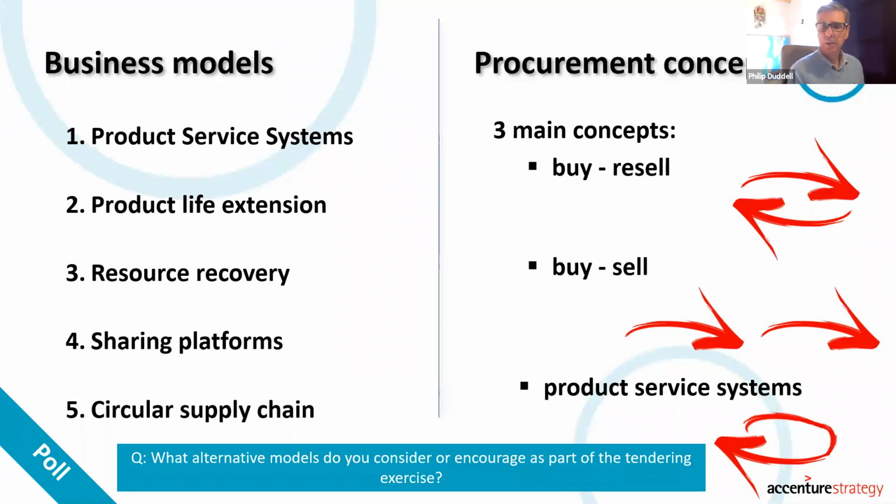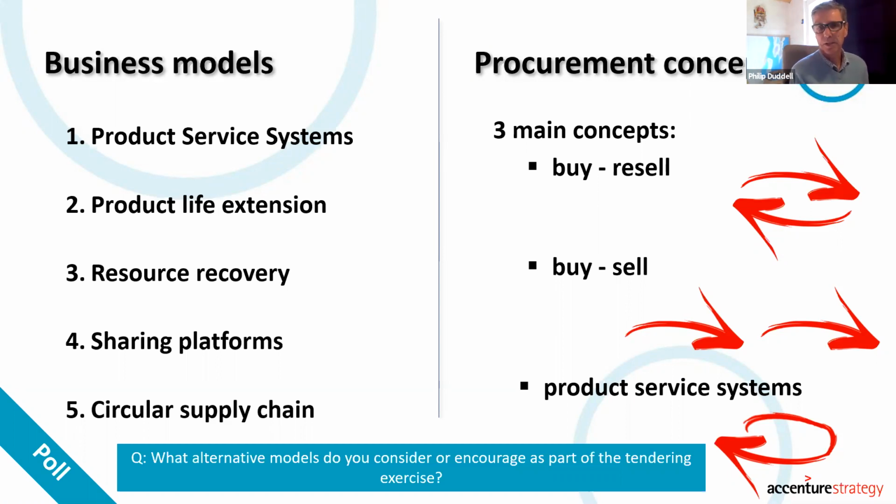So the ownership, as I say, perhaps remains with the supplier, or the useful life of the product is being extended, and you're recovering resources, sharing resources and sharing platforms, as exist in some parts of Scotland and the UK. And you're also trying to encourage and enable circular supply chains. So you are enabling partnerships, you're also enabling reuse and extending the useful life through various partners within the supply chain.